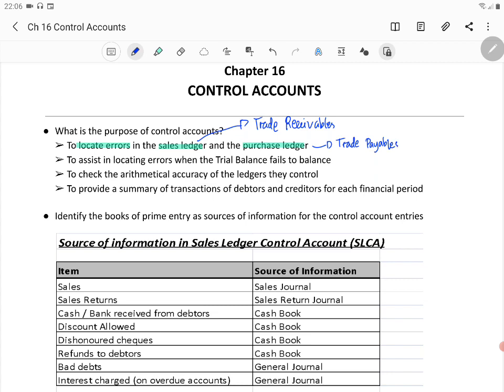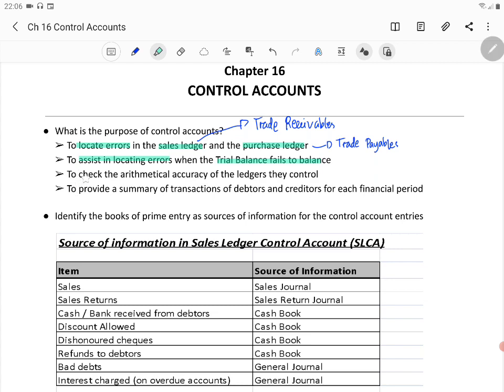So basically, control account is made to check whether our sales ledger and purchases ledger are correctly recorded. And then next is to assist in locating errors when trial balance fails to balance, or fails to agree, or not equal.